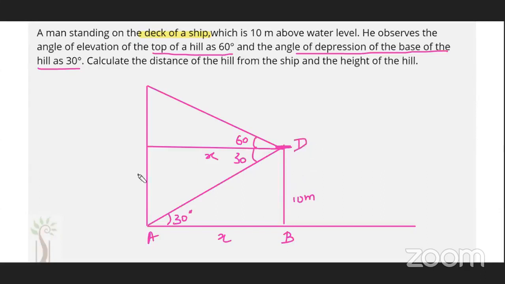This is BD and CA. Can I say CA is 10 meters, equal to BD? Yes, ma'am. And this is H. So which is the actual height of the hill? 10 plus H. Yes, 10 meters at the back side. Okay, clear?